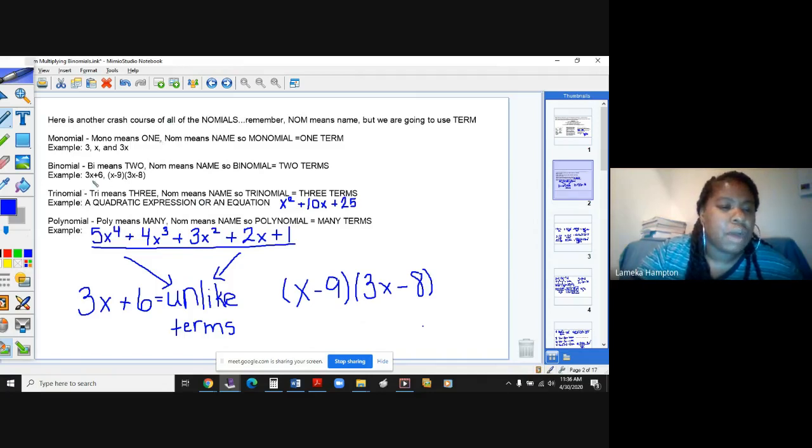A binomial is when you have two monomials together separated by an operational sign. More than likely, it will be either an addition sign or a subtraction sign. So when we say multiplying binomials, we are looking at this type of example.